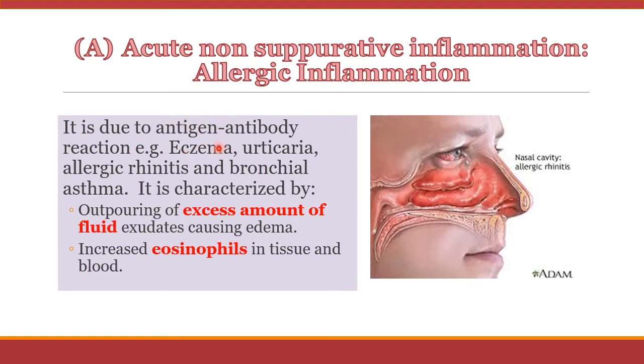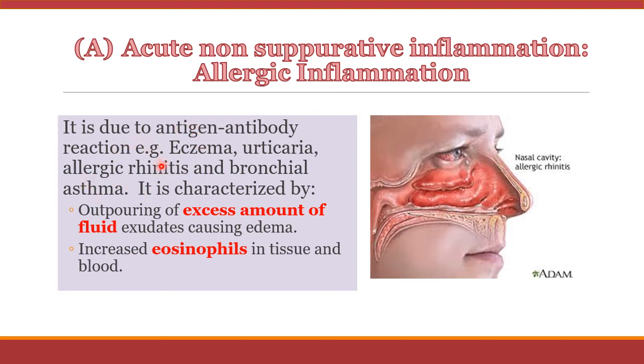Common causes or diseases of allergy include eczema, urticaria, and allergic rhinitis. What is rhinitis? It is inflammation of the nose. So inflammation of the nose is not nositis, it is rhinitis, because this is the Latin term for the nose. And also bronchial asthma, a very common allergic disease.